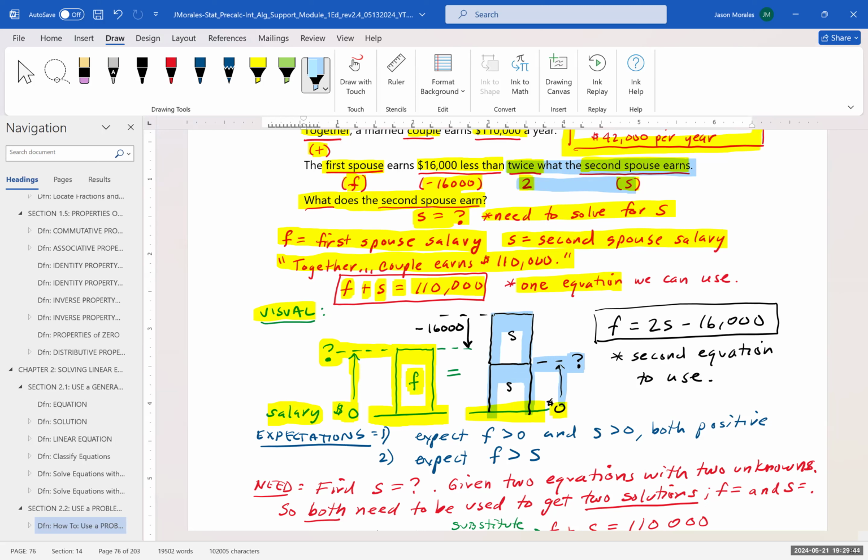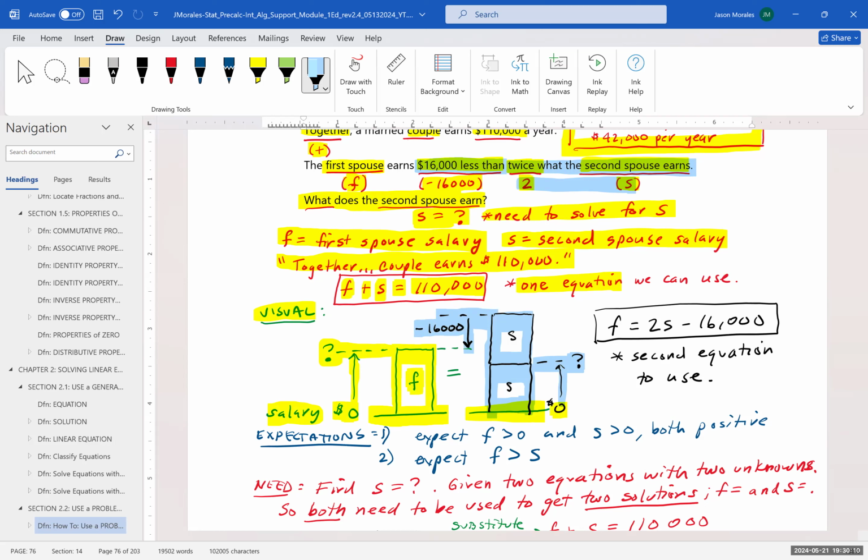Now, from adding twice what the second spouse makes, we're kind of stacking these two amounts. The second spouse makes, we're going to take $16,000 less than that. So we're taking this amount of twice what the second spouse makes, and then we're dropping down 16,000.